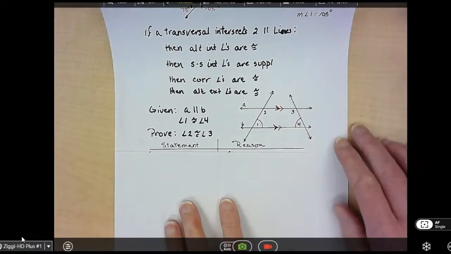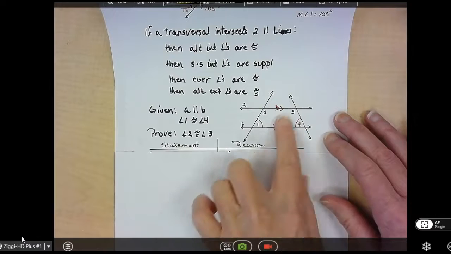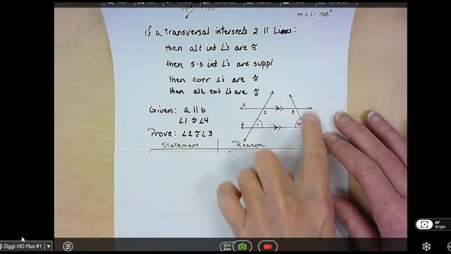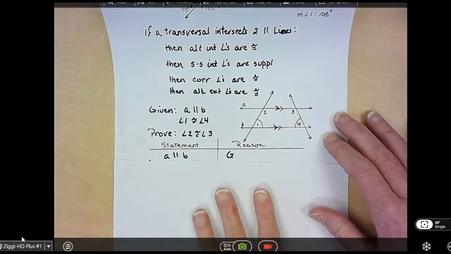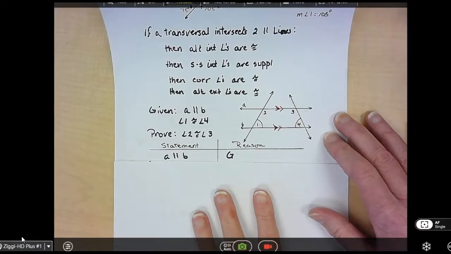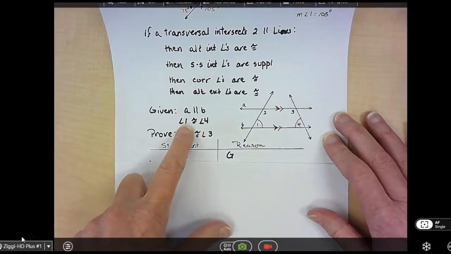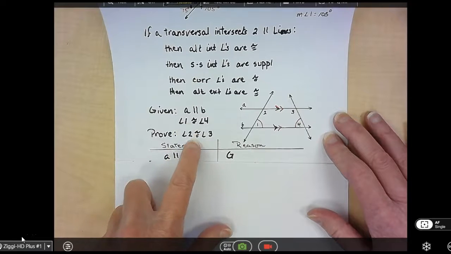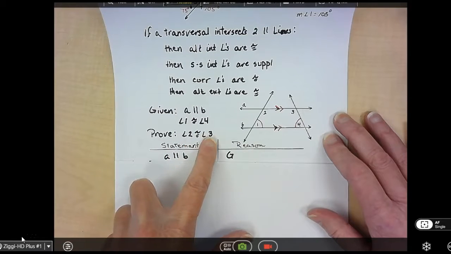So to make a plan, sometimes we look at our drawing and get a whole bunch of information immediately. So if I look at A is parallel to B, I have parallel lines. I have to talk about angle 1, 2, 3, and 4.